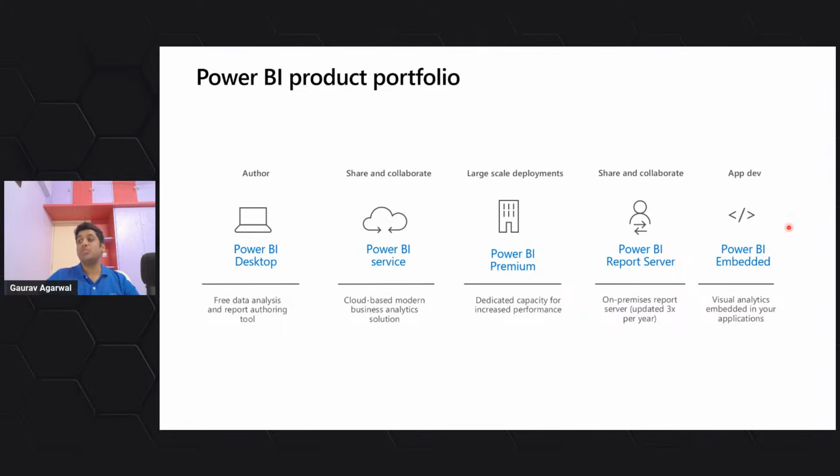And he doesn't want to use Power BI as a service via a URL. However, they have their own .NET app where they want to embed these reports. So that is where we have Power BI Embedded as one of the SKUs which you can procure and start embedding your reports.